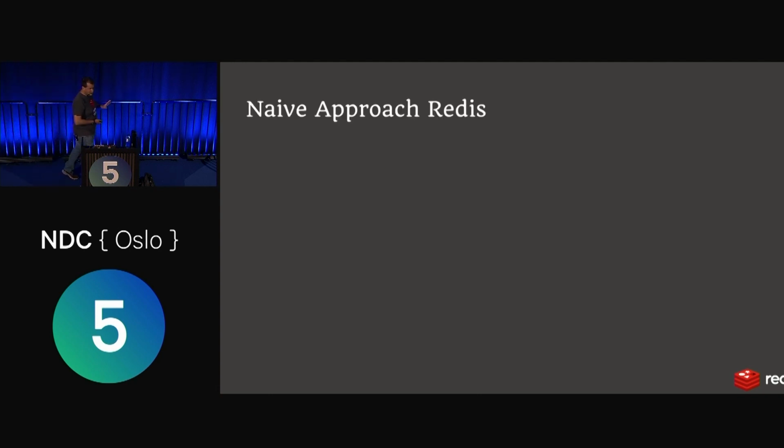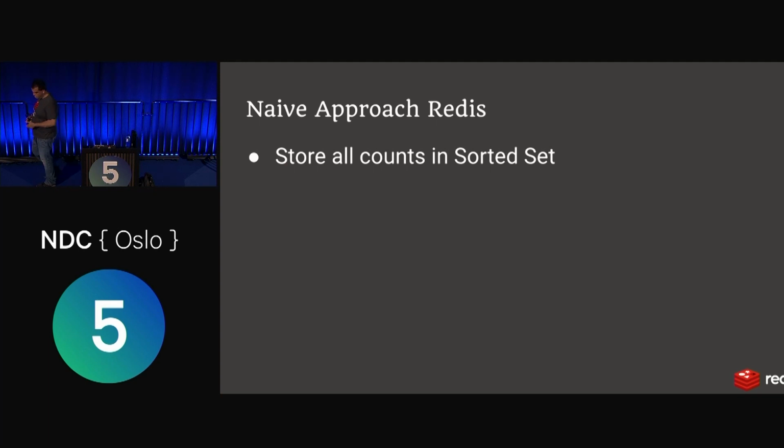Now let's think about accomplishing the same thing with Redis. We could store all of these counts in a sorted set, or even in a hash. Either would work. Then you just call ZINCRBY views 1 and pass in the ID, so you continually increment all of the IDs as you encounter more of them.